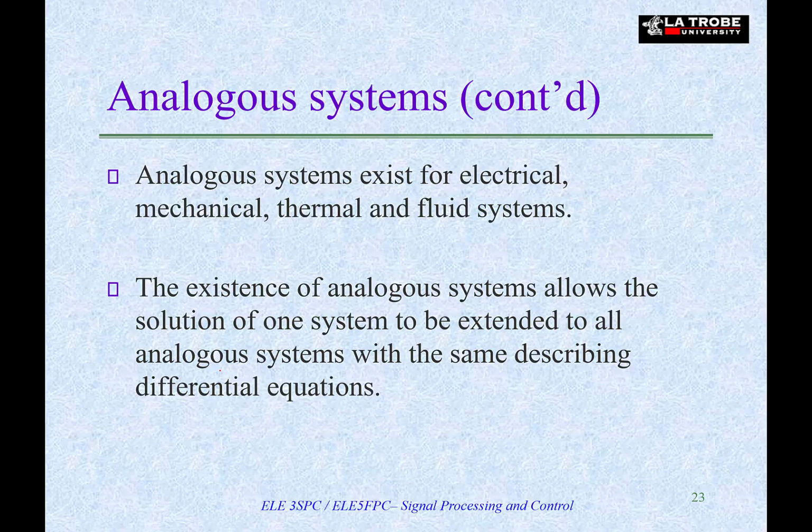And this shows us what analogous systems are about. Analogous systems exist for a variety of systems. They may be electrical systems, mechanical systems, thermal systems and fluid systems. As in the two examples I gave you in the previous slide, the first system is a mechanical system and the second system is an RLC circuit.